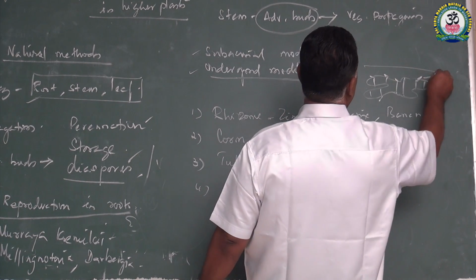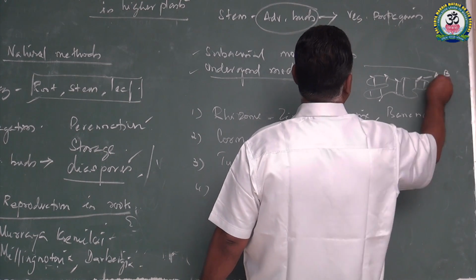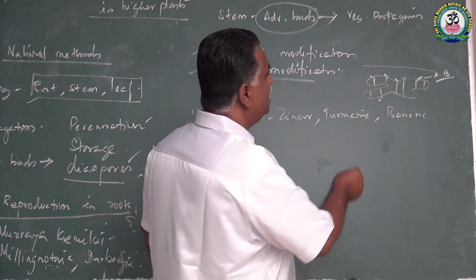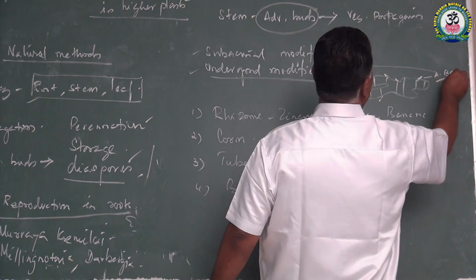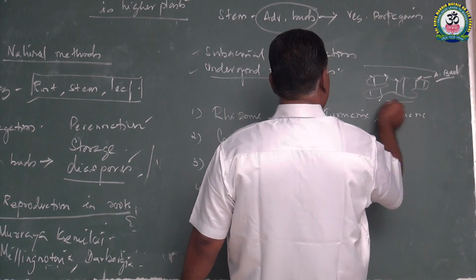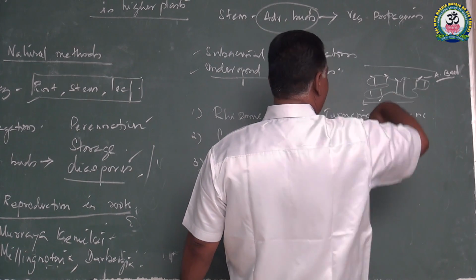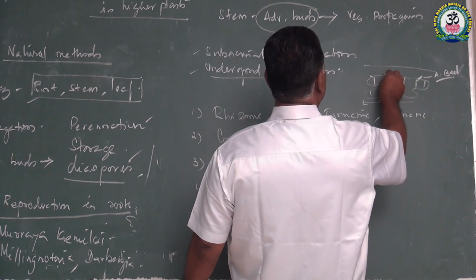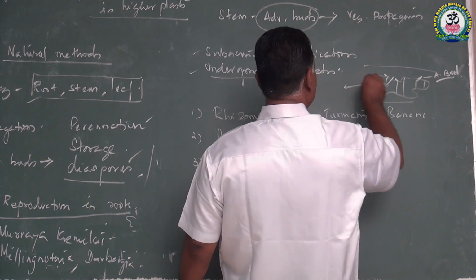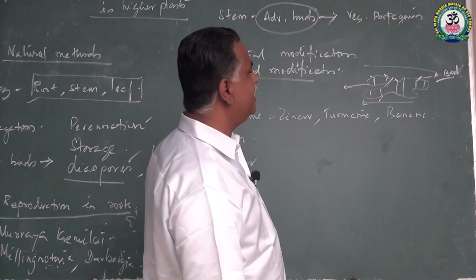These are called axillary buds. I said earlier that axillary buds are involved in asexual reproduction, and this grows horizontally inside the soil and produces adventitious buds. If this is cut, the small portion can regenerate the entire plant.